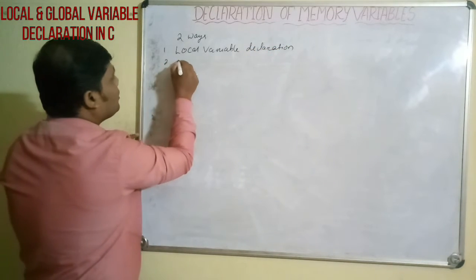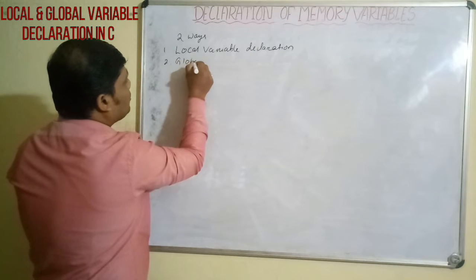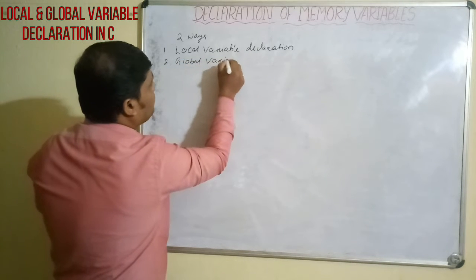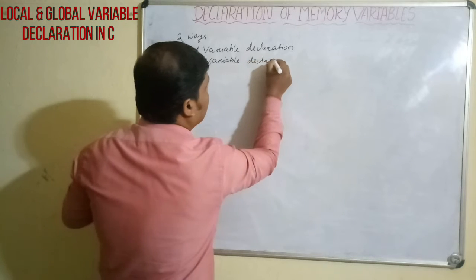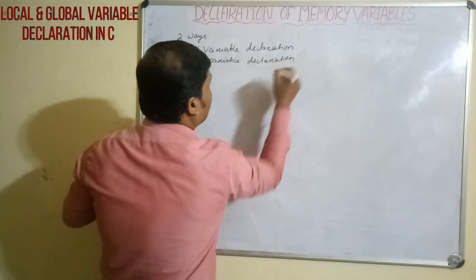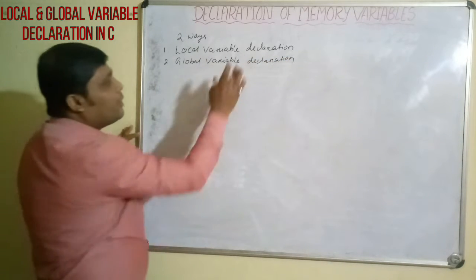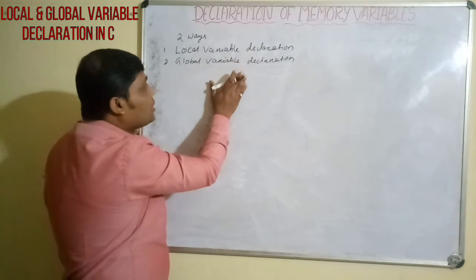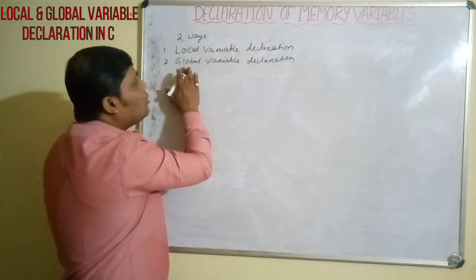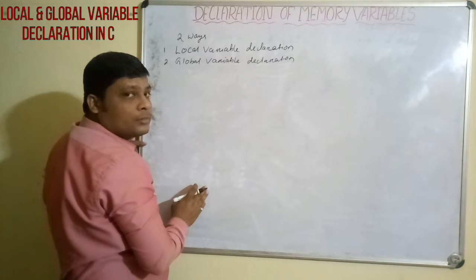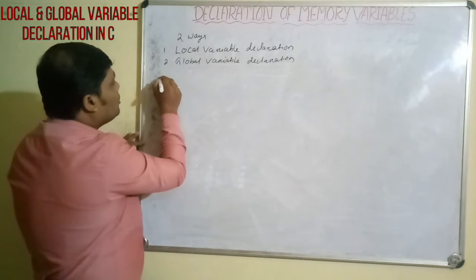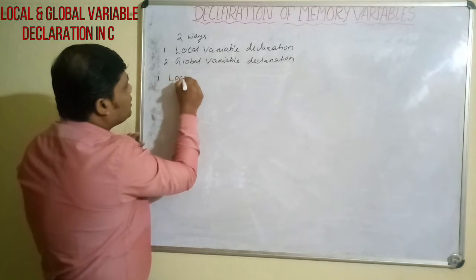Second one is global variable declaration. We can declare the variables in two ways, either locally or globally. Local variable declaration, global variable declaration. Clear? Now come to what is local variable declaration.